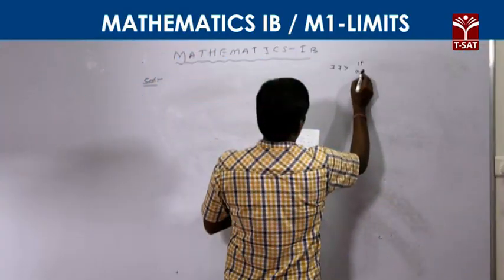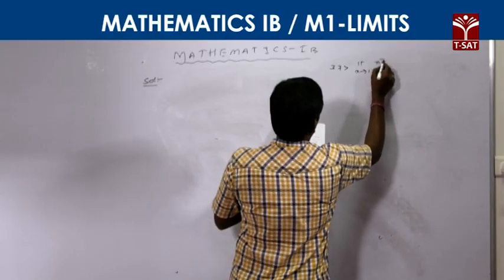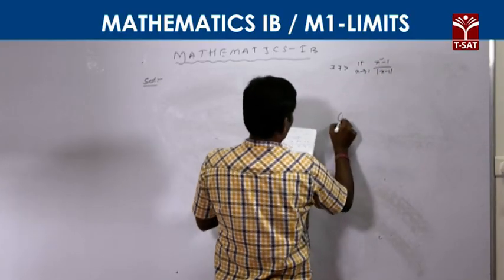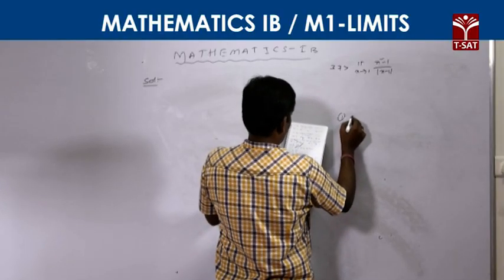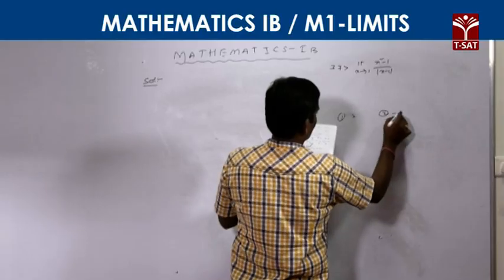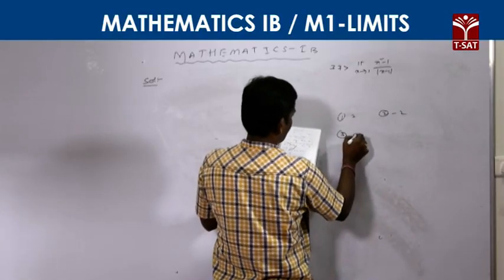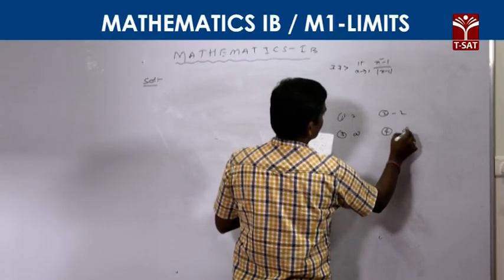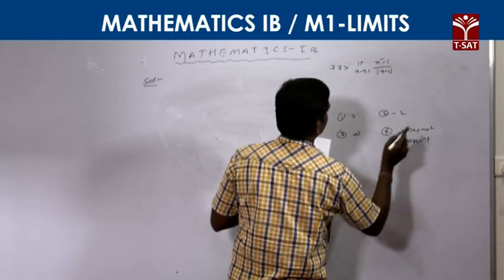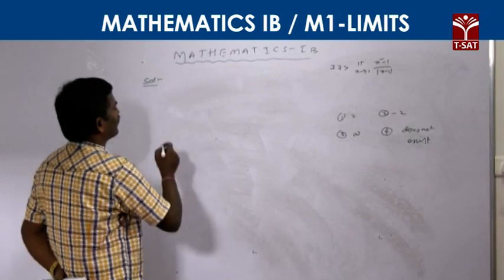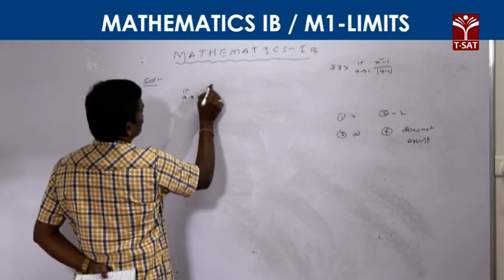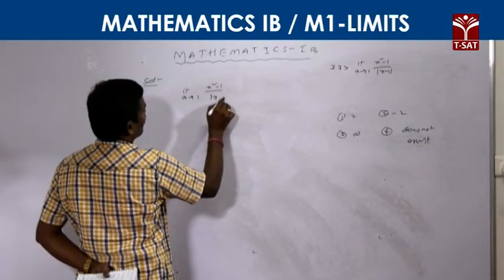Limit x tends to 1, (x square minus 1) by mod of (x minus 1). So options are: first option 1, second option minus 2, third option is infinity, fourth option is does not exist. See here limit x tends to 1, so (x square minus 1) by mod of (x minus 1).